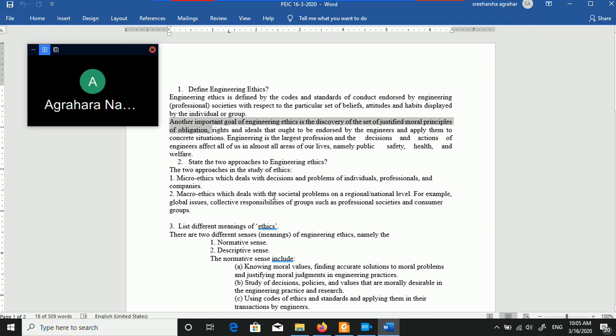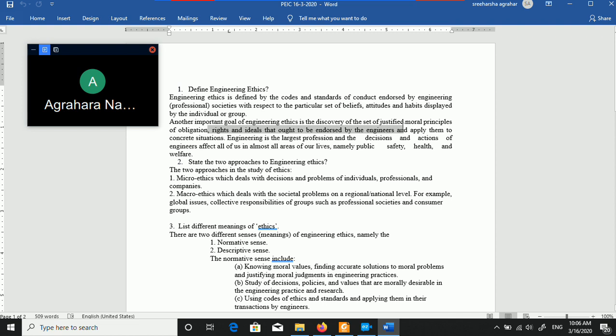It needs to explore, understand, and discover what exactly is the proper moral principle and what has to be imposed, meaning mandatorily done, and how right and wrong are authoritatively stated, meaning which is right and which is wrong is judged, analyzed, and verified when an engineer does some action. So all this has to be done.